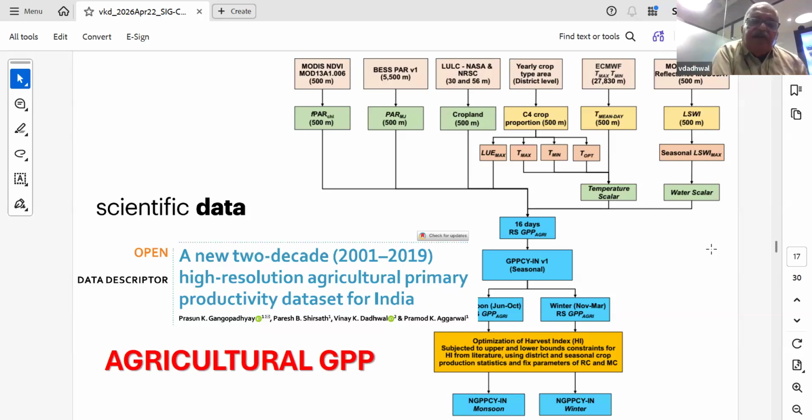Same way, over the same district, using the actual harvested crop biomass and using the inverse of harvest index, we computed what is on the ground.